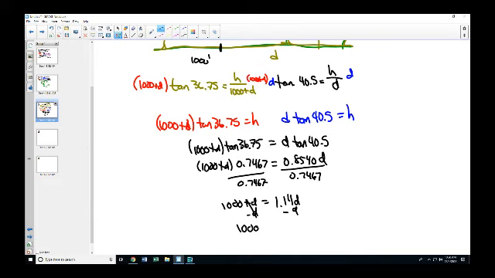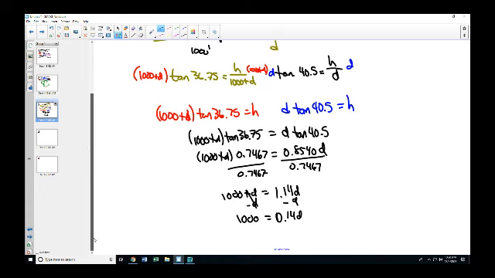So 1,000 equals 0.14D. Now, divide by 0.14.